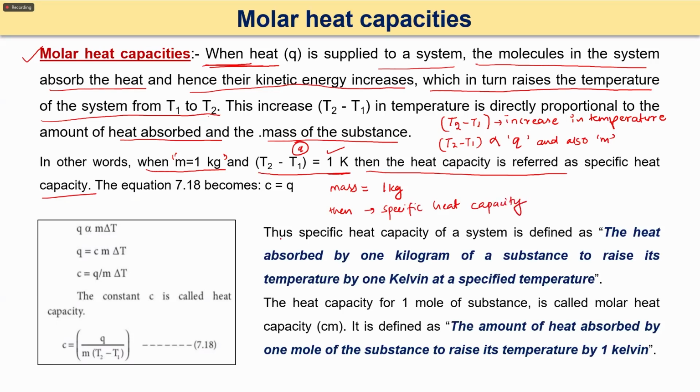Thus, specific heat capacity of a system is defined as the heat absorbed by 1 kg of substance to raise its temperature by 1 Kelvin at a specified temperature. Suppose this is your system, and you have 1 kg of substance over here.